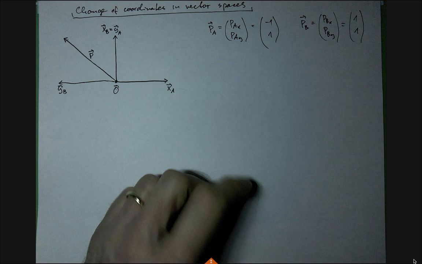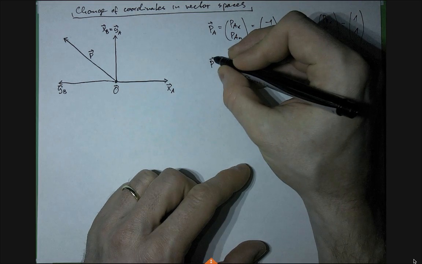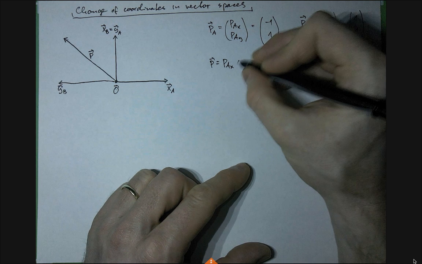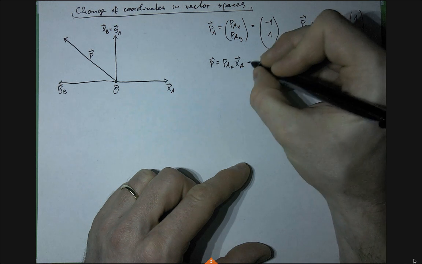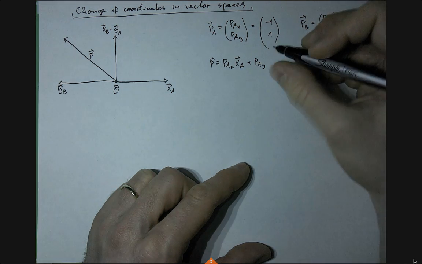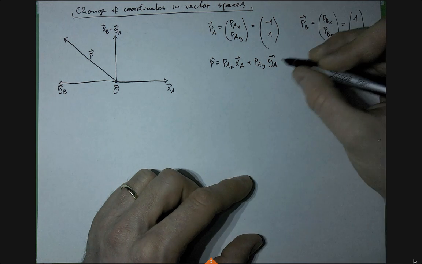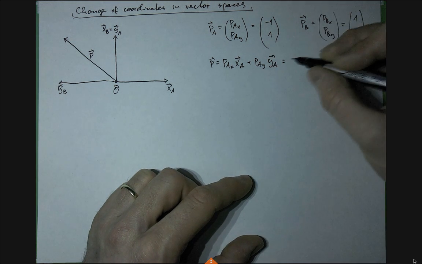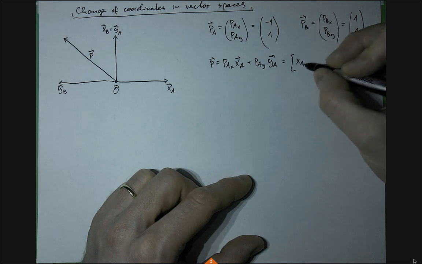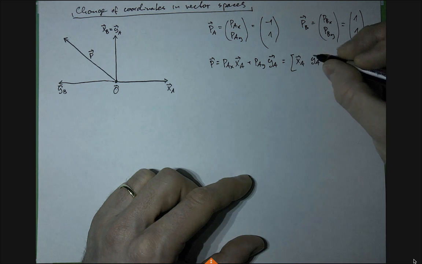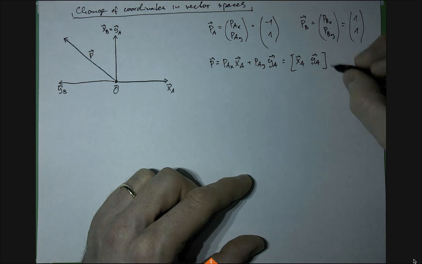So there are two ways how I can write my vector P. Okay, so one way is to say that it's PAX times XA plus PAY times YA. That's in one basis. I can write it using matrix vector multiplication more compactly as XA YA times PA.